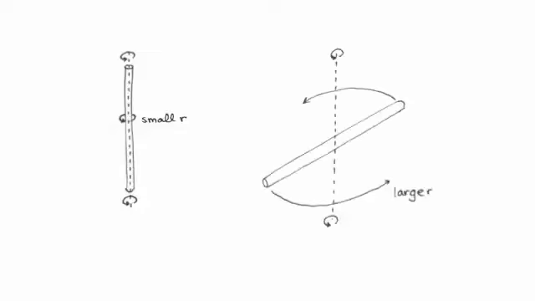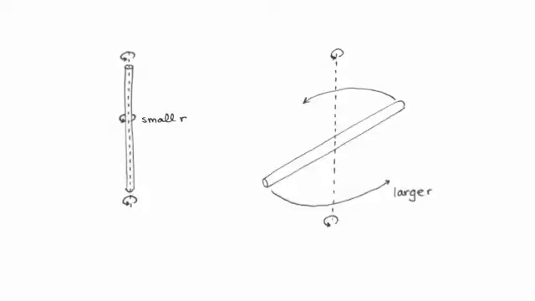But if we consider another rod that's rotating about an axis through its center, not along the axis of the rod but right through the center, with the axis of rotation perpendicular to the rod's length, each bit of mass has a much farther distance from the axis of rotation.